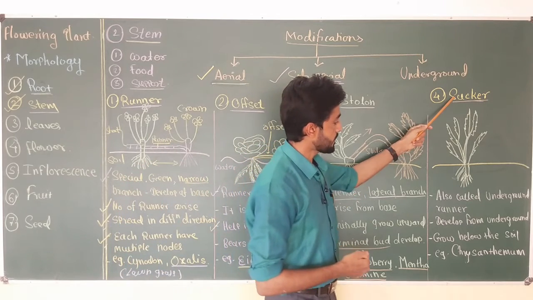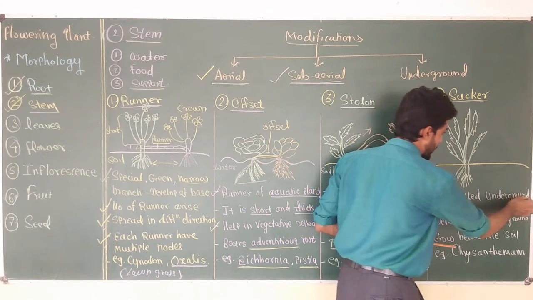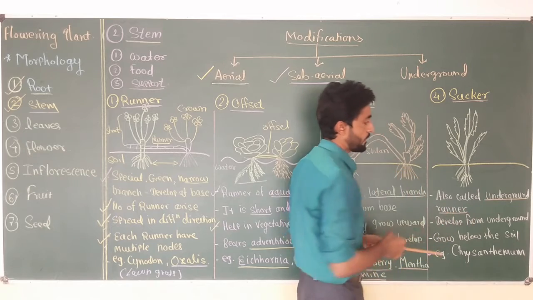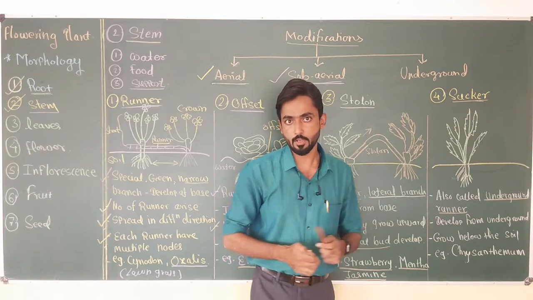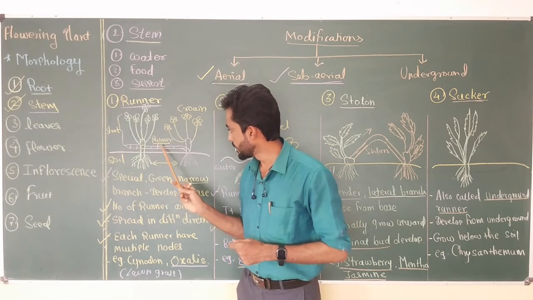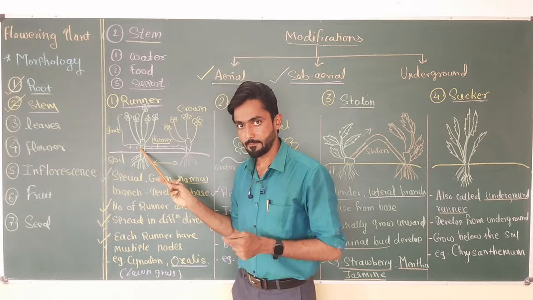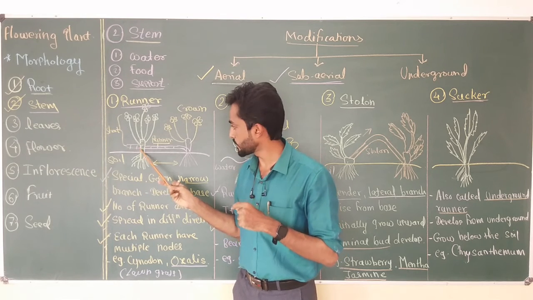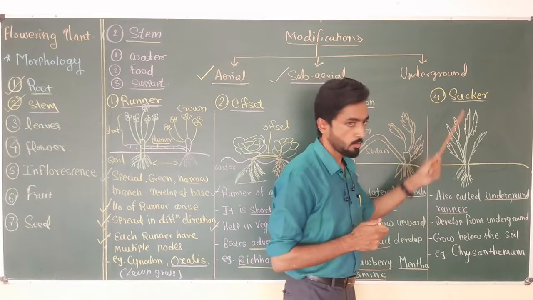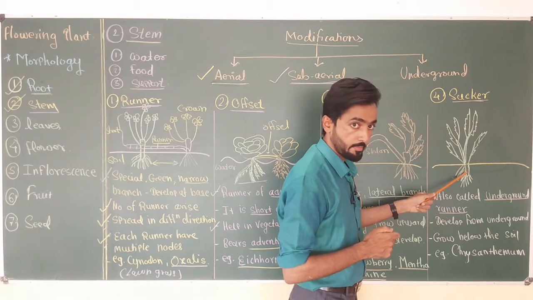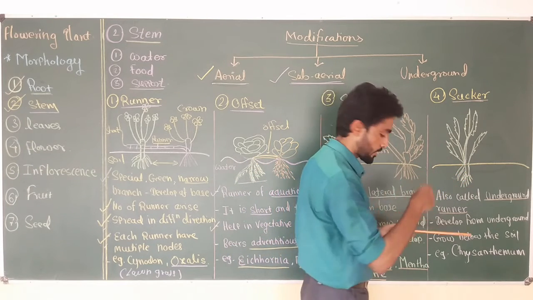The sucker is also called an underground runner. Why do we call the sucker an underground runner? Because as the runner develops from the base of the stem in the air, above the ground surface, the sucker develops from the base of the stem, but it actually develops below the ground surface.